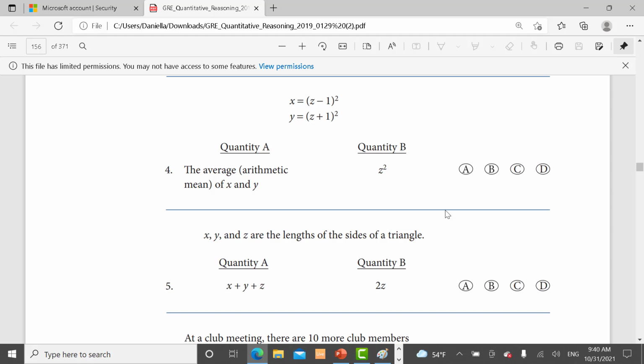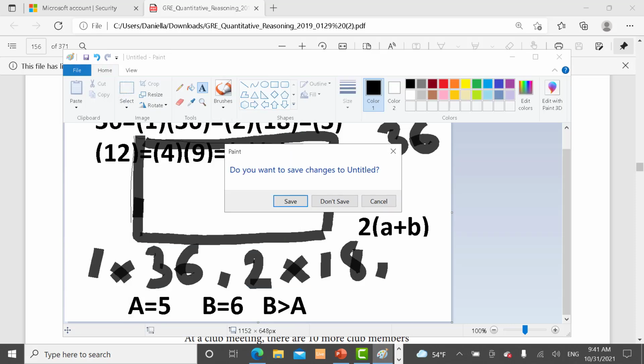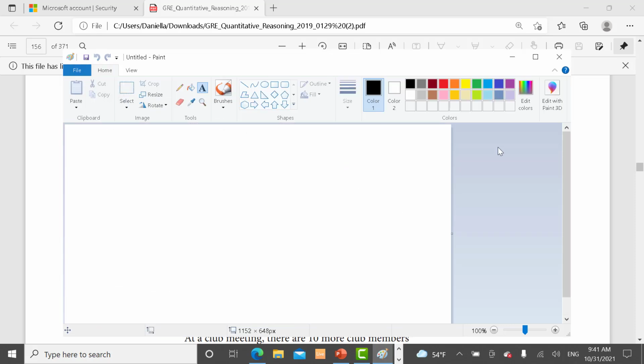x is equal to z minus 1 whole squared, and y is equal to z plus 1 whole squared. Quantity A, the arithmetic mean of x and y. Quantity B is z squared. For this problem, we have to solve it out. I'm going to use my whiteboard again.